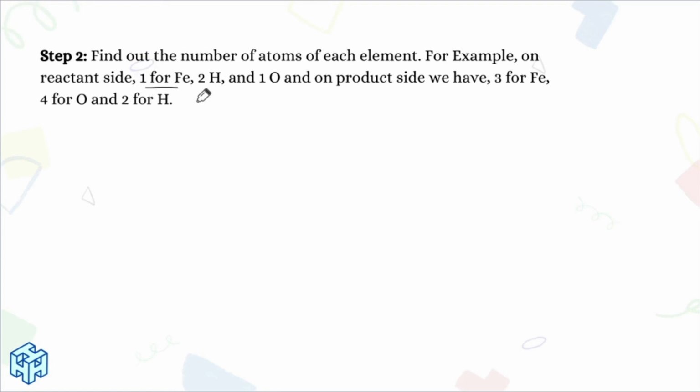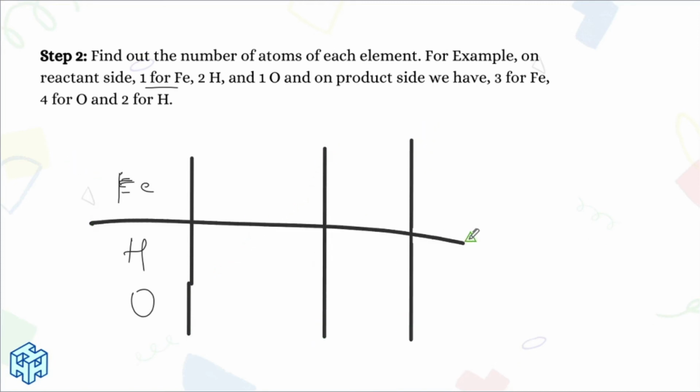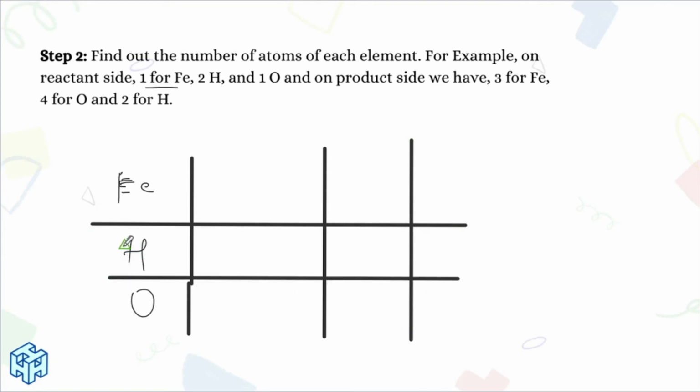The same thing, 1 ferrous. What did we write? 1 ferrous, hydrogen, oxygen. How many elements we had?